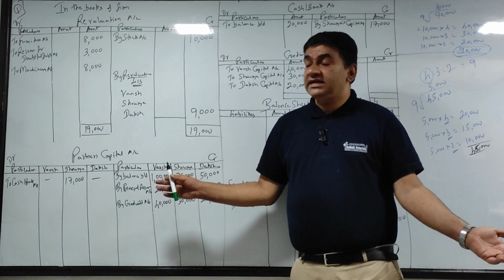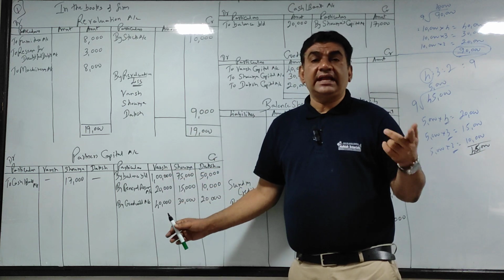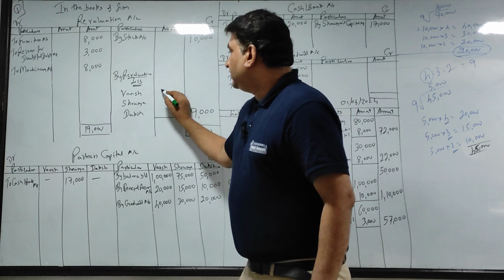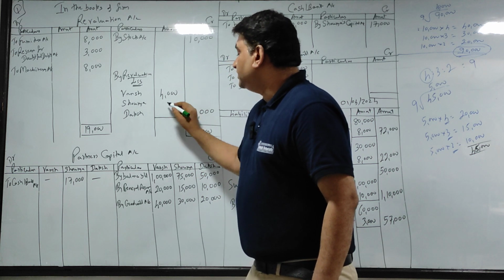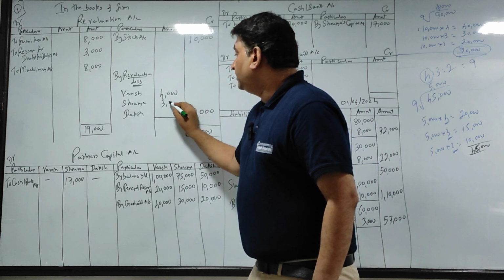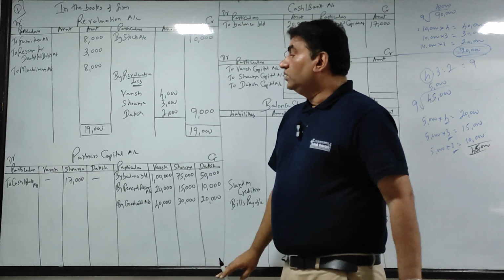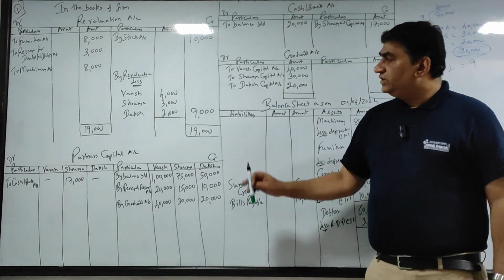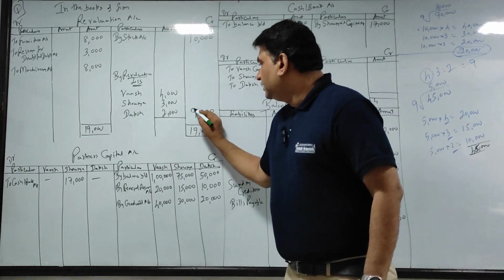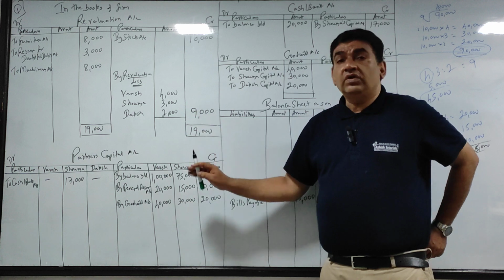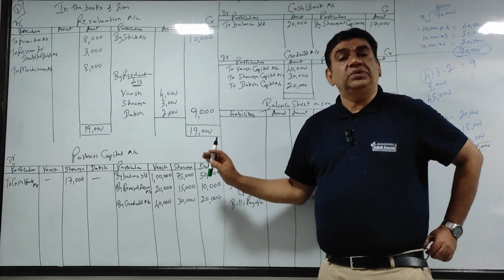Simplification becomes very easy. 9000 divided by 9, 1000. वंश का 4 है, so 1000 into 4 4000, 1000 into 3 3000 and 1000 into 2 2000. तो ये जो 9000 का लॉस है वो डिवाइड होगा 4 3 and 2.